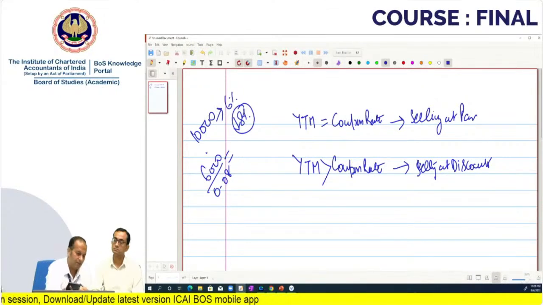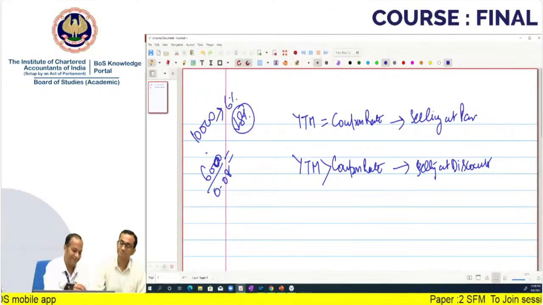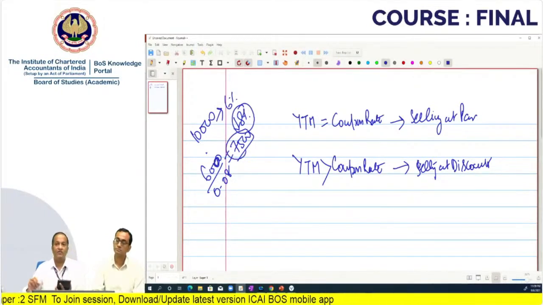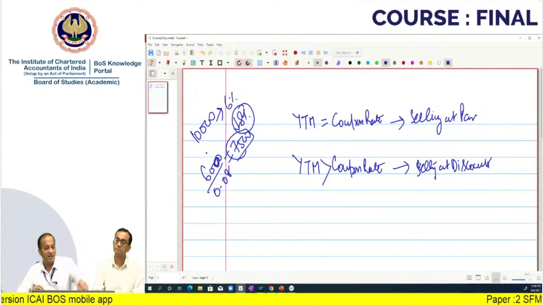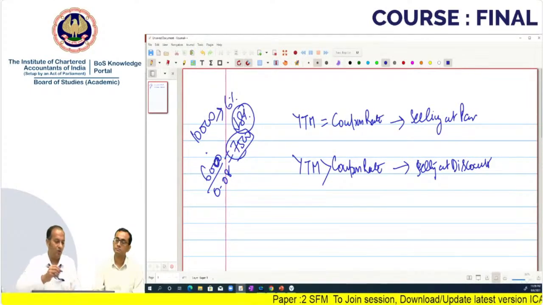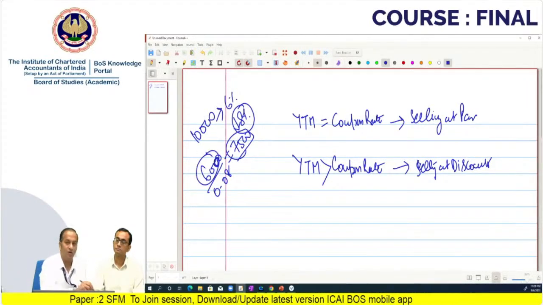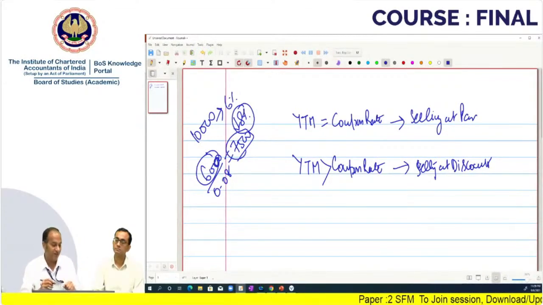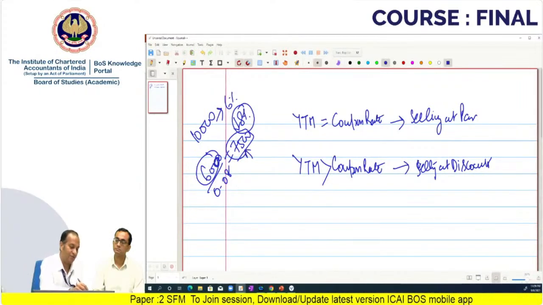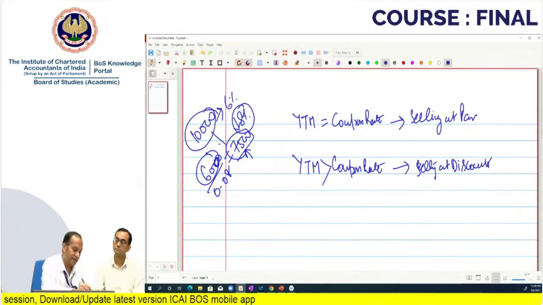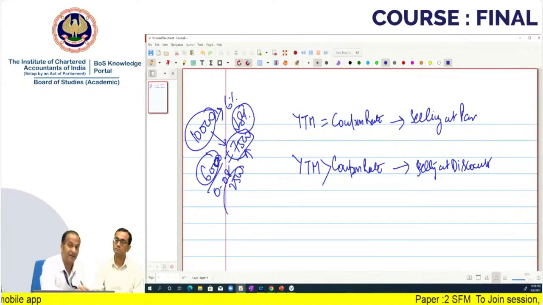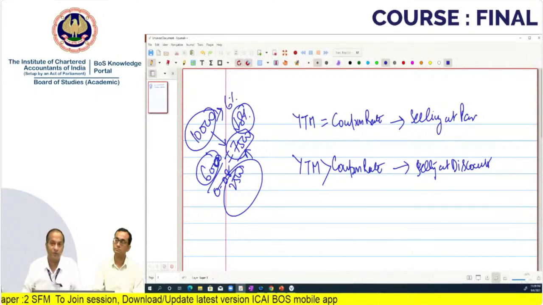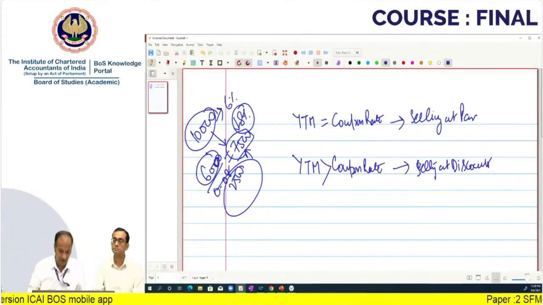Sorry, my mistake, it is 600. So I need to invest only 7,500 to get this amount of 600, because the interest rate, that is the yield, has increased. So there is a fall of 2,500 rupees in this value of FD. This is the value of the bond. Okay student, I think it must have been clear to you.